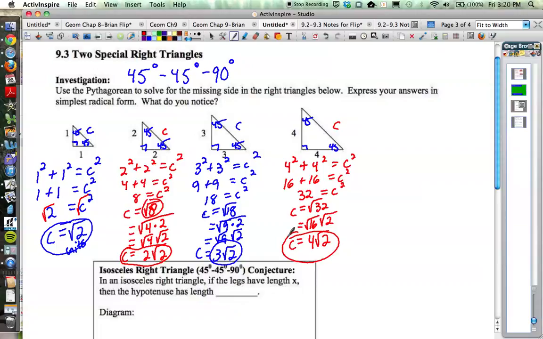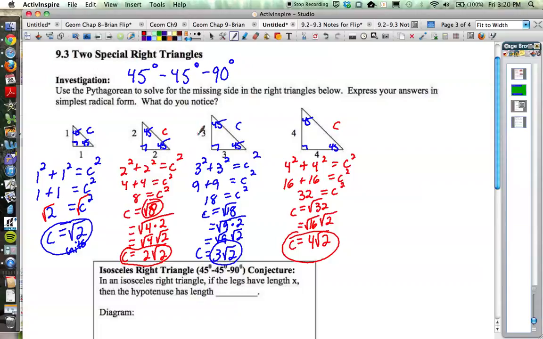What are you noticing about the length of a leg and how it appears in the final answer for the hypotenuse? So back in 1, we've got c is the square root of 2. So maybe 1 square root 2. c is 2 square root 2. Notice the leg is 2. And the next one, c is 3 square root 2.